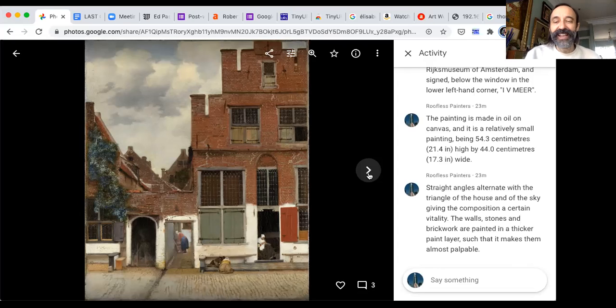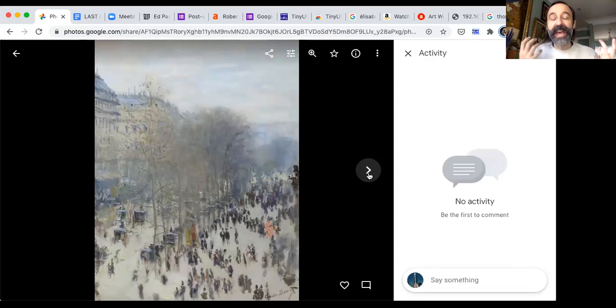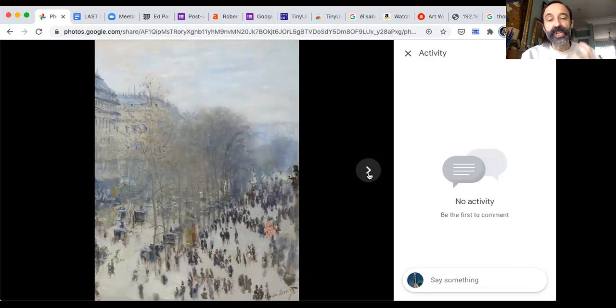So this is a painting by Monet, and as I was thinking of examples to use to talk about streetscapes, naturally the Impressionists come to mind just because they were fascinated by the transformation of Paris before the turn of the century.